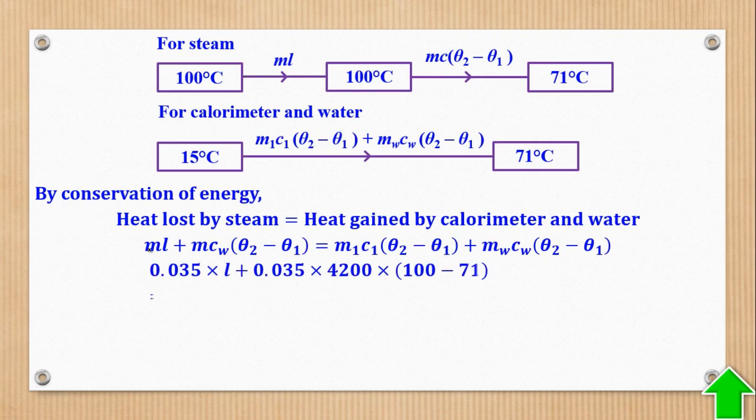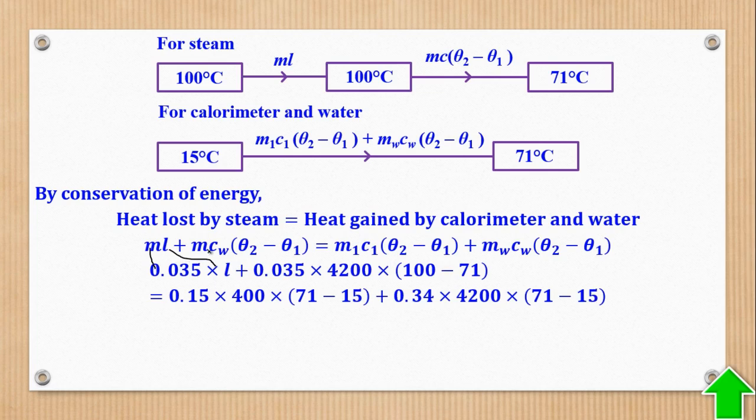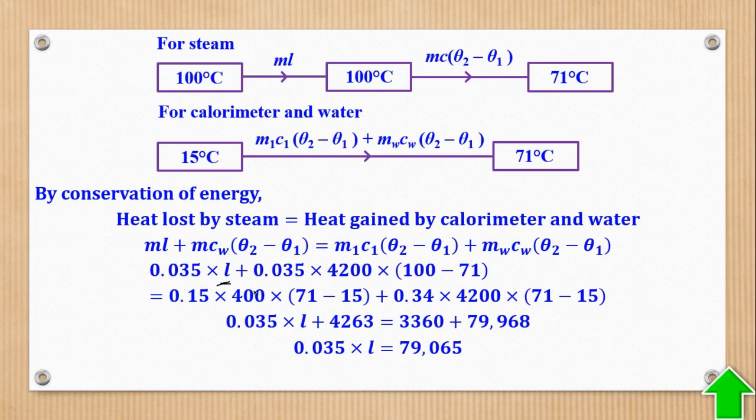We shall substitute. We already got M, L is what we want, and this is the change in temperature. Then here M1, C1, change in temperature, MW, CW, change in temperature. So it is only L which is the only unknown. Therefore, simplify further and make it the subject, and that is what they wanted.